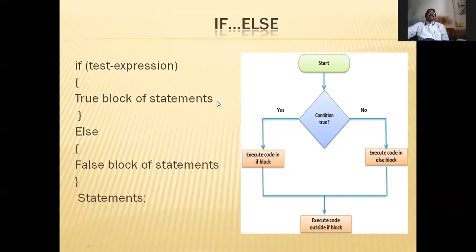How many keywords can you identify? How many keywords do we use in the C language? 32. And in C sharp, somebody has written in the chat box 50. Yes, it is 50. So if and else are the keywords.